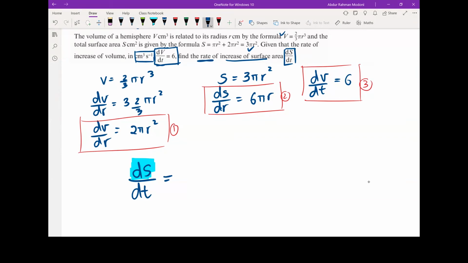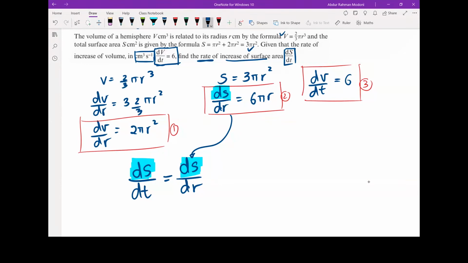As we can see clearly, number 2 has dS in it, so I'm going to write that down first. dS by dr. And this is the approach that you should take here. So now I've got my dS there. Now I'm going to look for something that has dr on the numerator, because the reason for that is I want to get rid of this r.